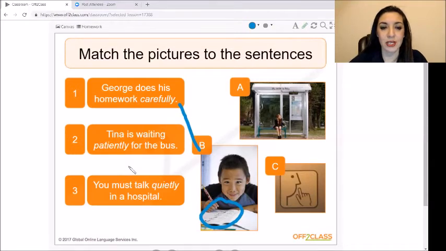Tina is waiting patiently for the bus. I know bus. Looks like this is it. Number 3. You must talk quietly in a hospital. So I know talk, and I know quiet, so this is correct.